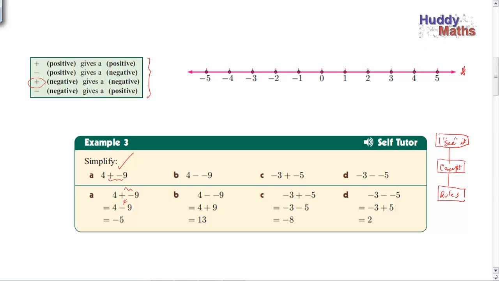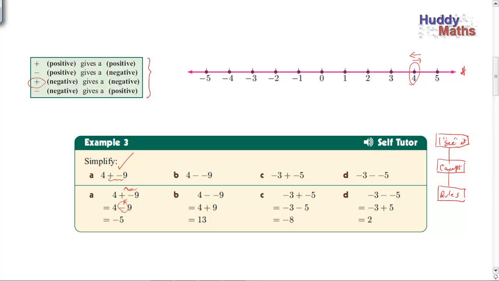We're out at 4 here, so 4 is positive 4, and we want to add on to that negative 9. So if we're moving this way to 4 and adding on is moving that way, but it's neg 9, so we reverse and go back the other way here. We're going to take it away, if you like. That's where that sign becomes important here.